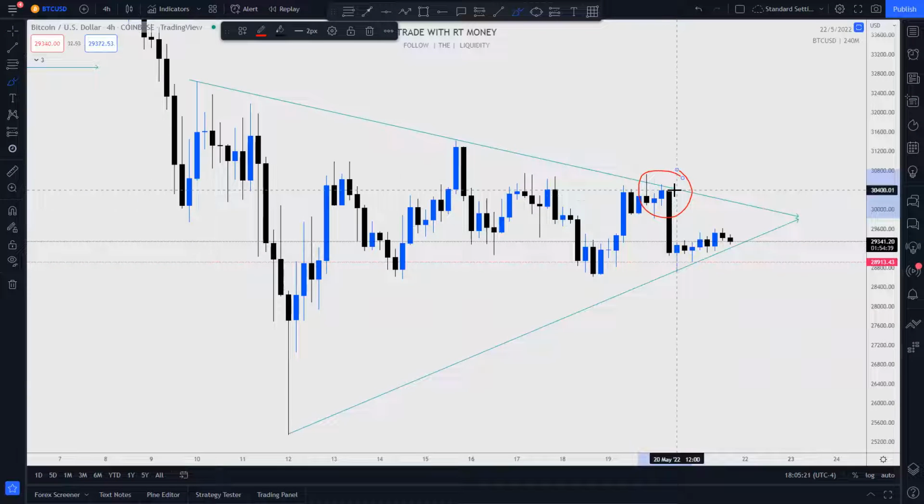There is a supply. This looks like supply, but it hasn't broken that low, so I'm not going to call it a valid supply zone.